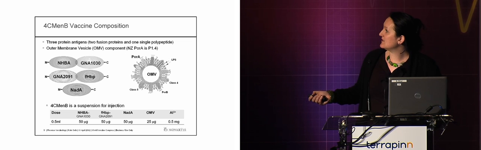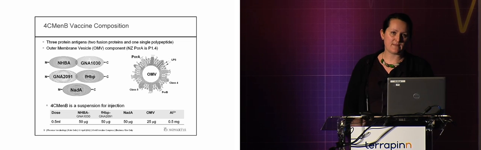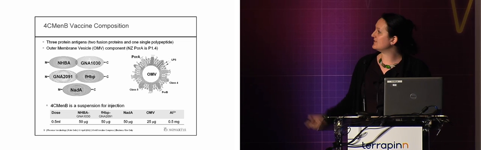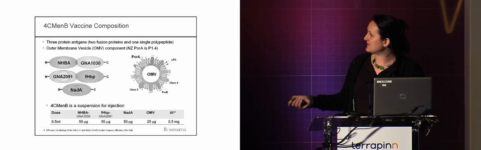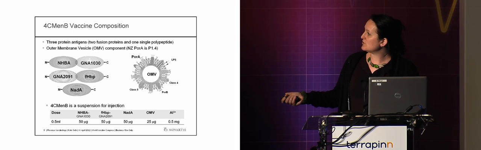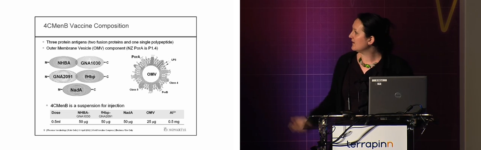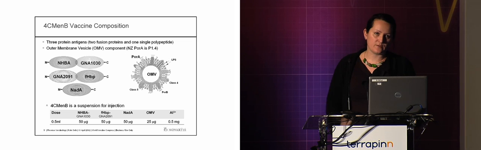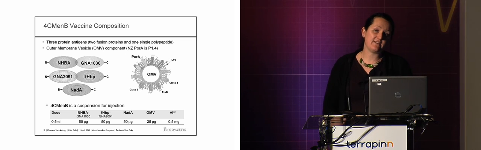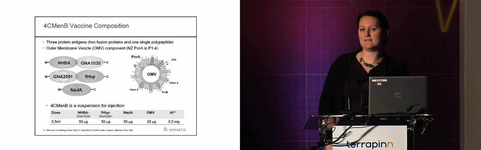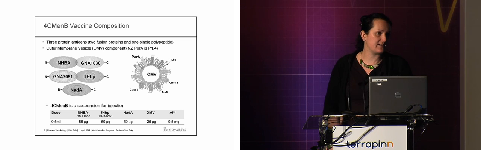This composition has been called the 4-component MenB vaccine. It contains 3 recombinant proteins, which are 2 fusion proteins and a single polypeptide, combined with an outer membrane vesicle component. This outer membrane vesicle component was the main antigen in the MenB vaccine that was successful in limiting the prolonged epidemic of serogroup B in New Zealand during the last decade.